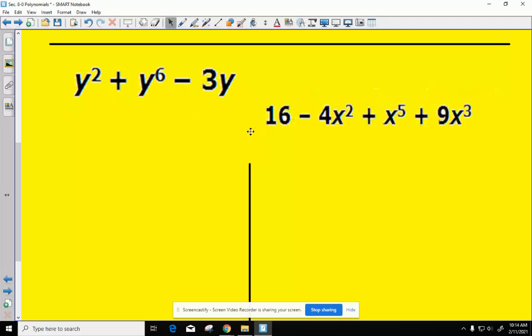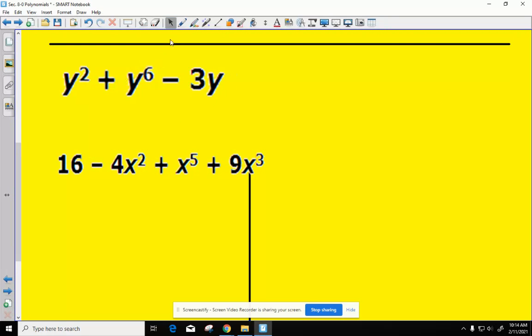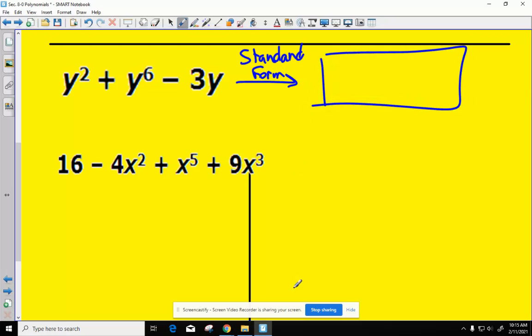If you're going to do this one here, put an arrow above it, write standard form, and then over here, what does it look like if I put it in standard form? Remember, standard form says you're going to put them in order according to their degree from the highest to the lowest.